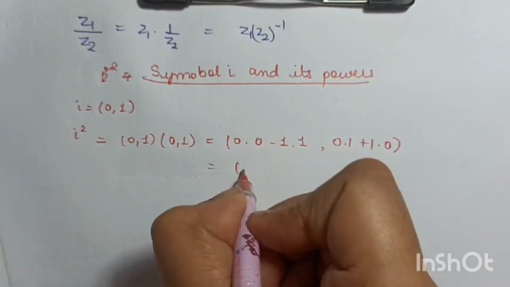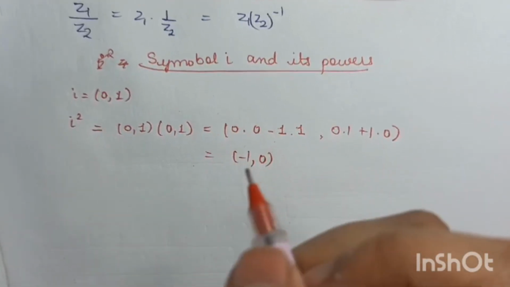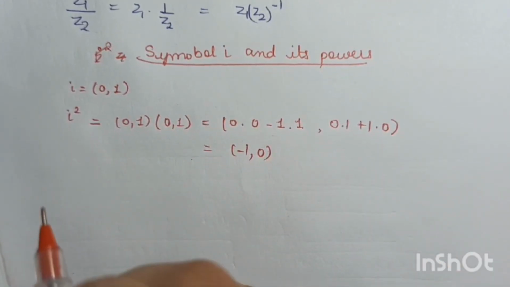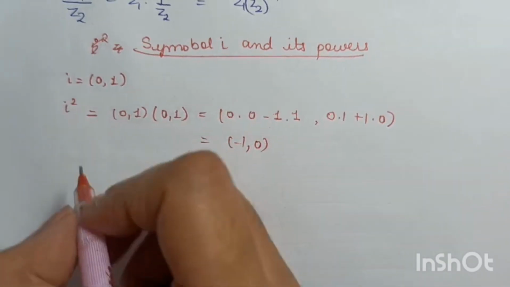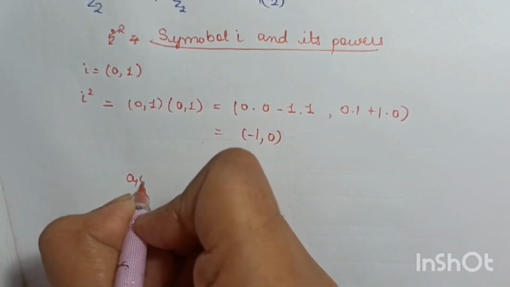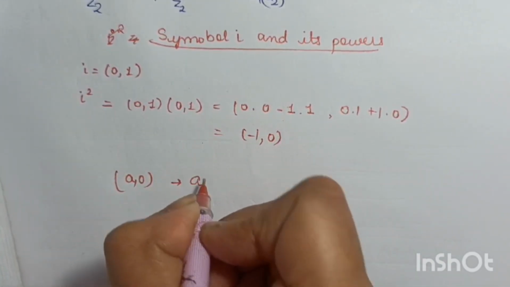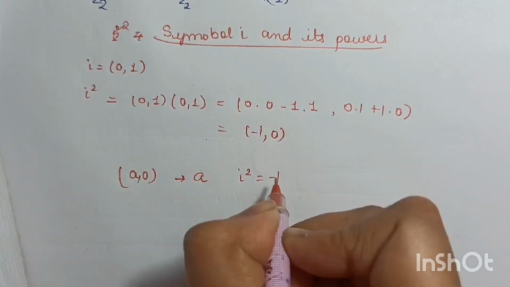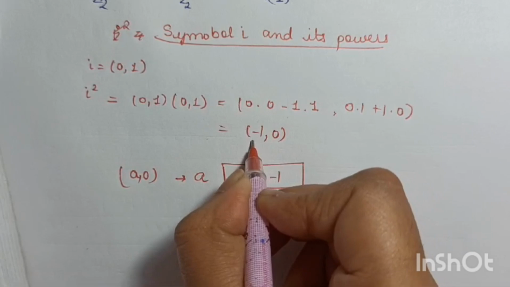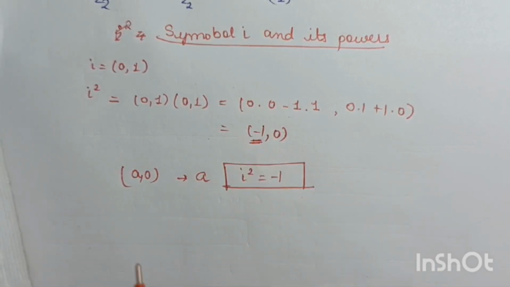So what we will get is minus 1 comma 0. So this is the value of iota square. But we have agreed to write the complex number a comma 0 as simply a. Therefore we have iota square is equals to minus 1.